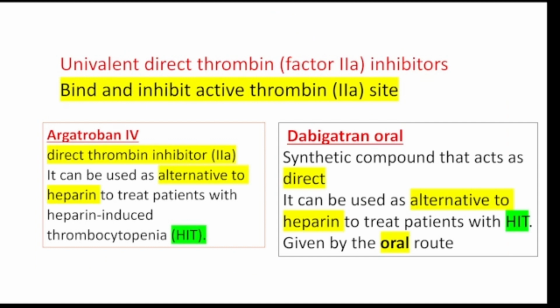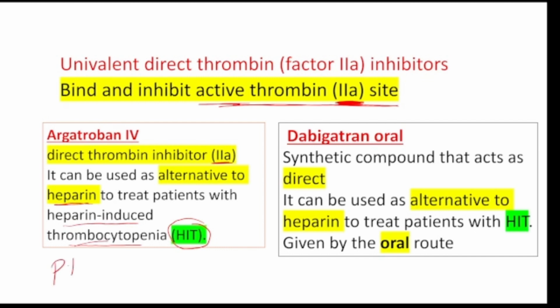Regarding the univalent, this medication binds to the active site of the thrombin, factor 2A. Argatroban directly inhibits thrombin. It can be used as an alternative for a patient placed on heparin who suffers thrombocytopenia, which we call heparin-induced thrombocytopenia.